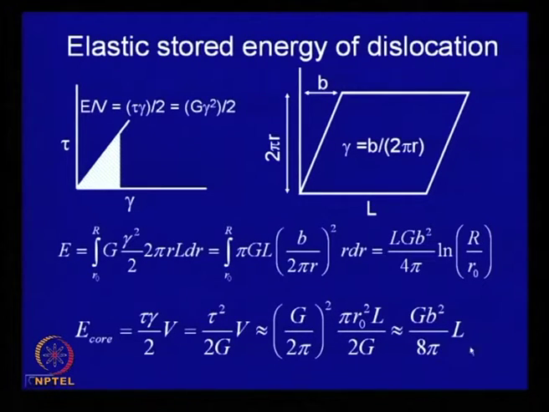If you substitute this you get, of the order of, G b square over 8 pi L. So, basically what it amounts to is that it is much less compared to this factor.